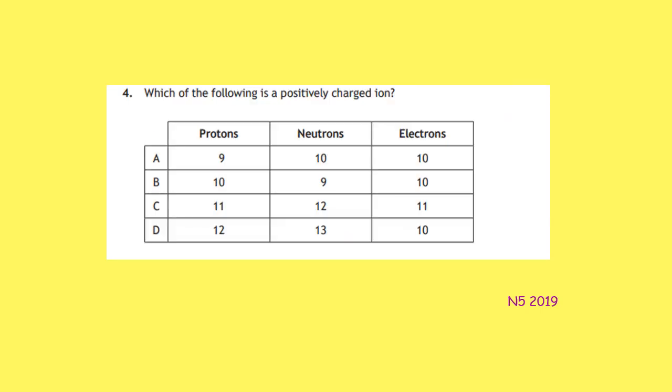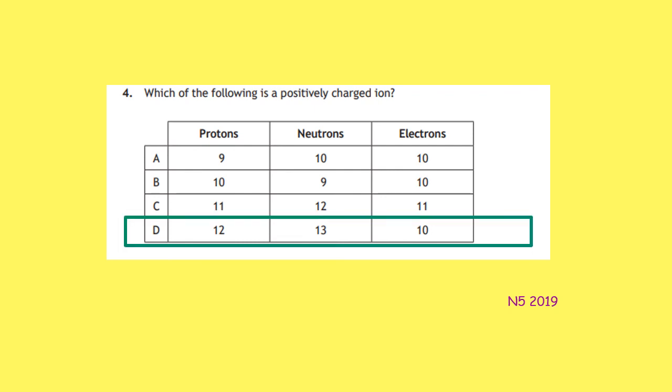Which one of these represents a positively charged ion? Well, the answer is D. You can tell if an ion is positively charged because it will have more protons than electrons.